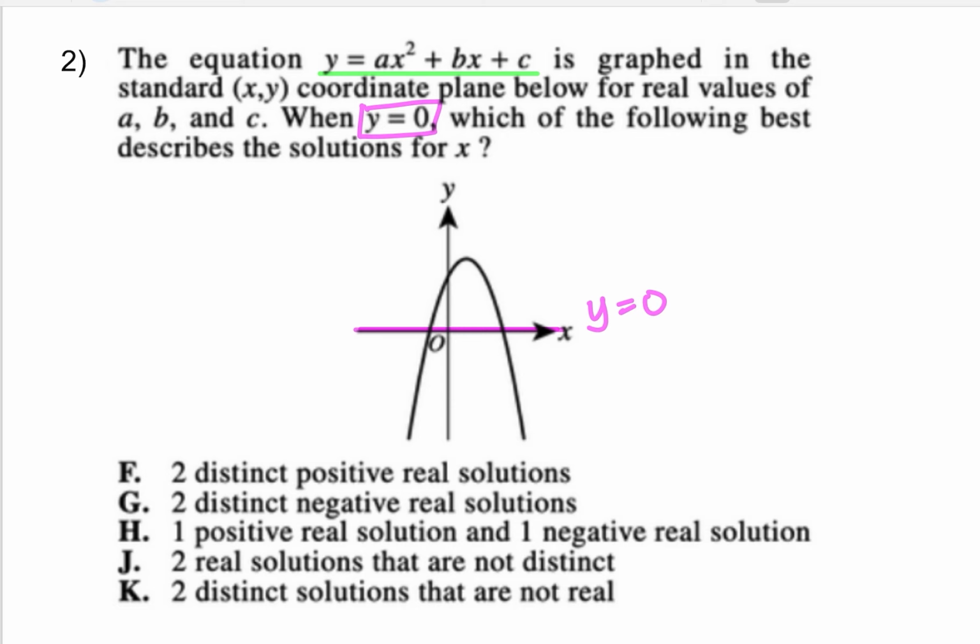Solutions refers to when the graph hits, touches, or intersects the x-axis, and that is on this point and this point. So we have a negative number on the left side, and a positive number on the right side.